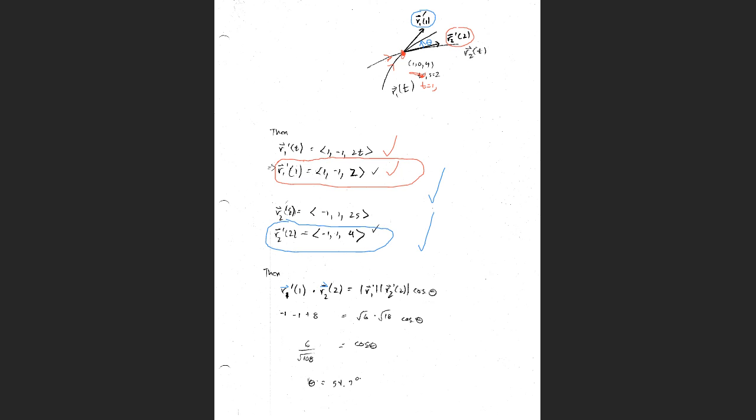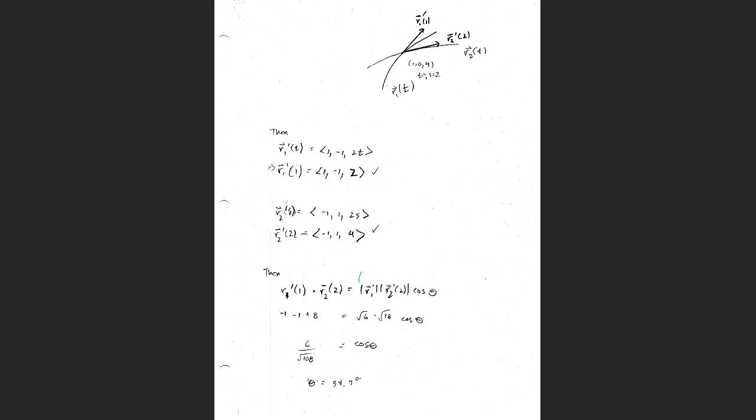All right, well, then, of course, the dot product between the derivative vectors is equal to the magnitude of the first derivative vector. This should be, I left out a little something here. Hold on here. Left a little something out here, but I'll fix it right now.